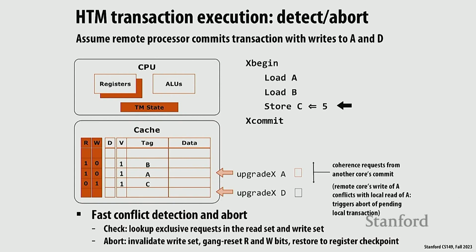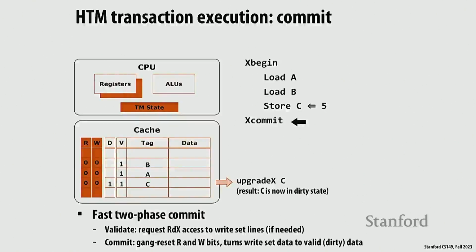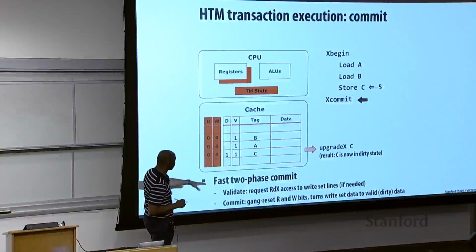Okay? So let's assume then that we, going back to the commit, we validate by requesting the write set lines. We commit.